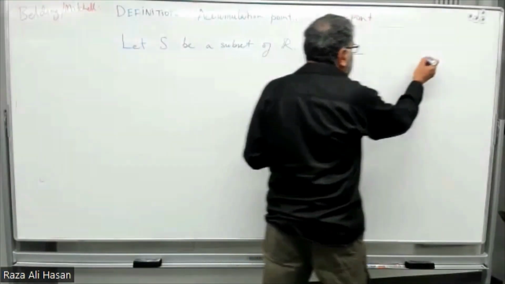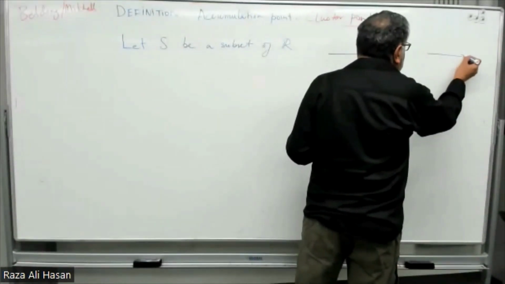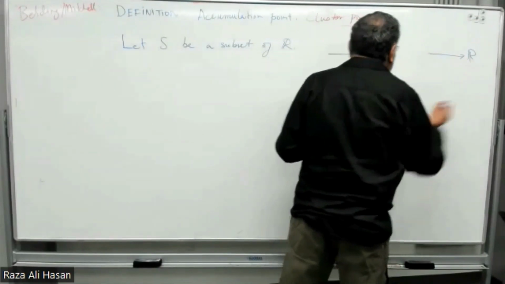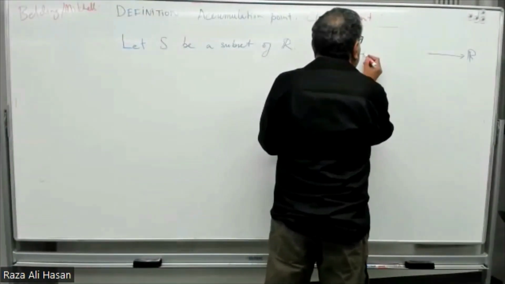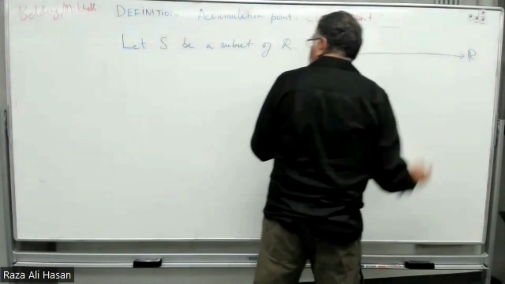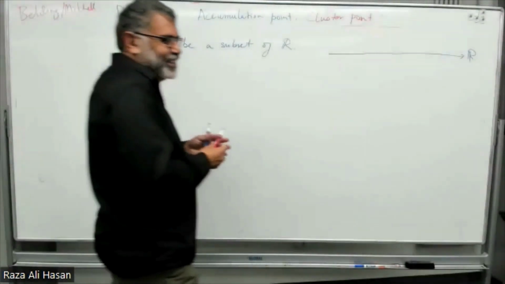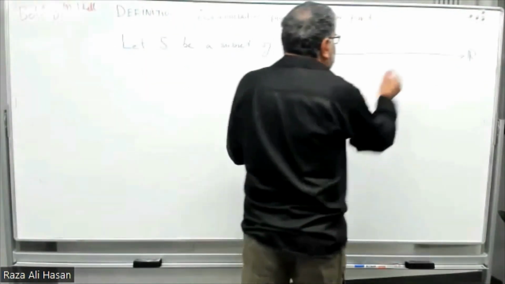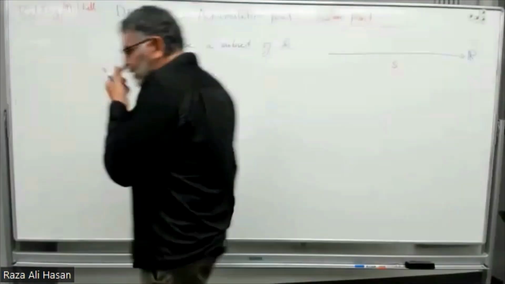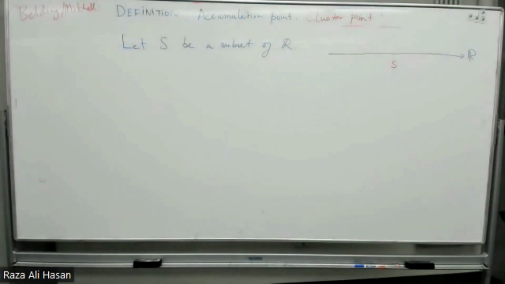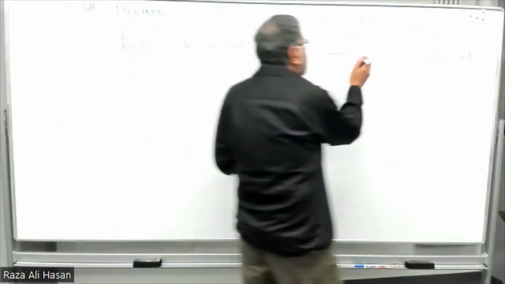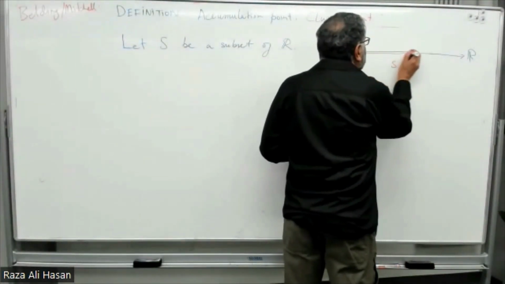So we got this, and we got this. And the thing that I was having trouble with, we'll do the reverse of it, by the way. So this is S.